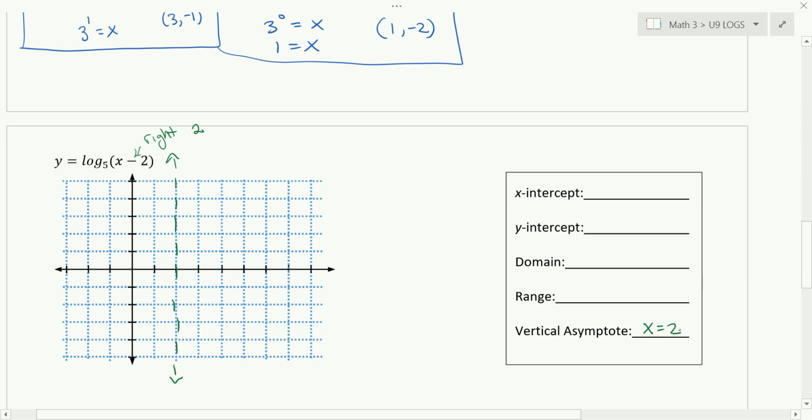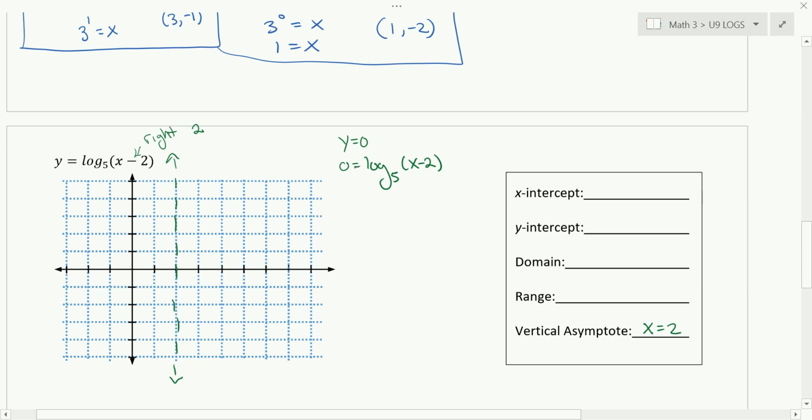Okay. From there, get the x-intercept, plug 0 in for y. It's already solved for the log. You can't add 2 to both sides this time because that 2 is in parentheses with the x.